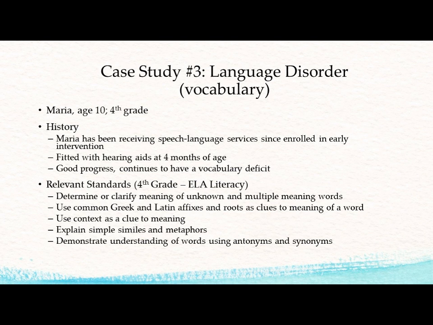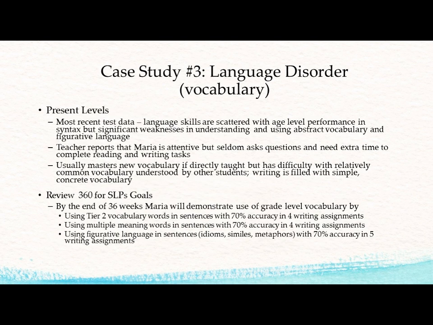So, in terms of her most recent language test data, language skills are scattered with age level performance in syntax, but significant weaknesses in understanding and using abstract vocabulary and figurative language. The teacher reports that Maria is attentive but seldom asks questions and needs extra time to complete reading and writing tasks. She usually masters new vocabulary if directly taught, but has difficulty with relatively common vocabulary understood by other students.